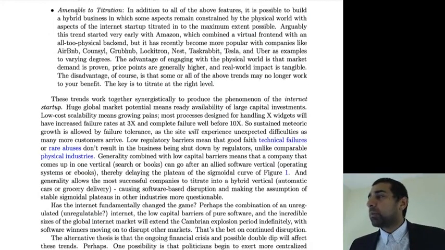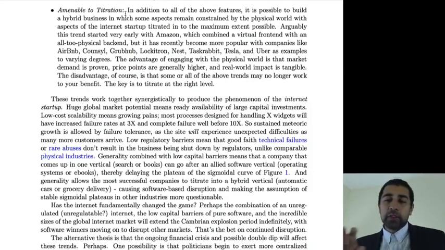And finally, one of the perhaps most interesting aspects is that you can titrate these distinctive features of internet startups into existing businesses. One of the best ways to do that is to build an API such that all your business logic, all your orders, all your things that are core to the business are computerized, and then you interface with the physical world as little as possible.